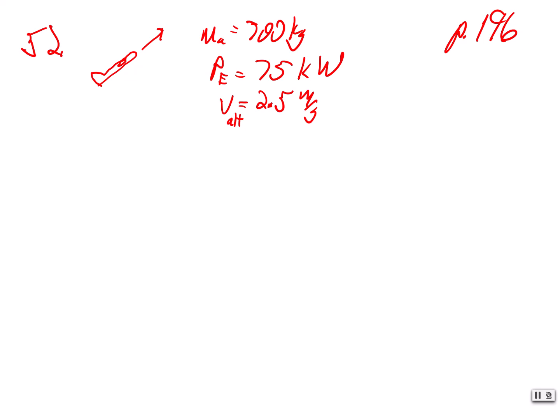Well, the first thing we need to do is determine the power of the engine at the rate of 2.5 meters per second velocity increasing in altitude.